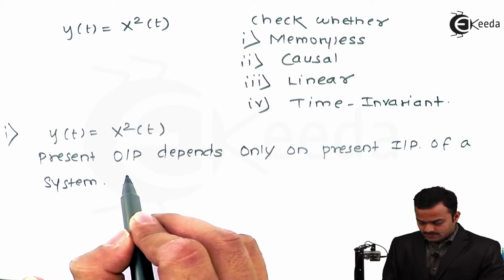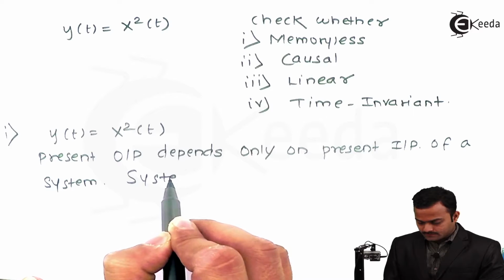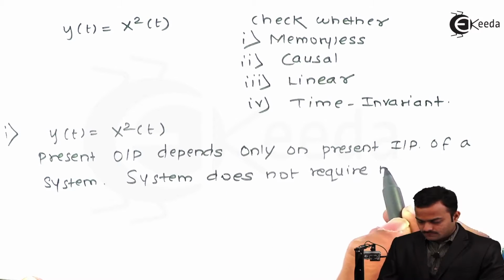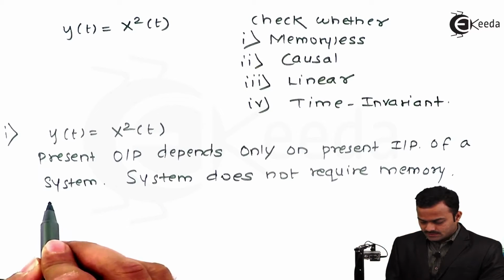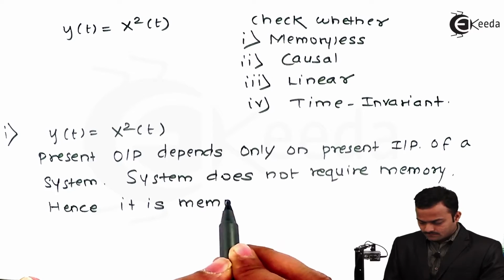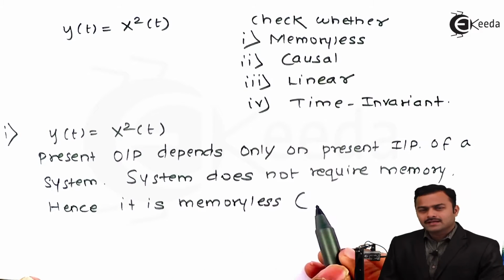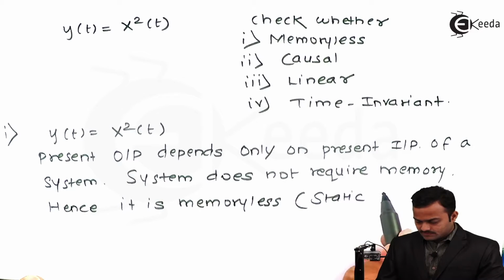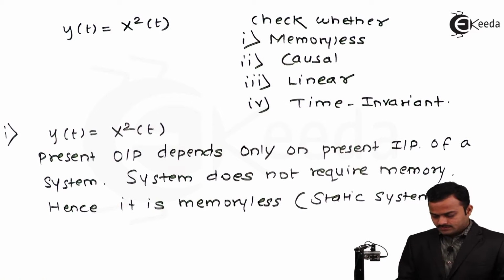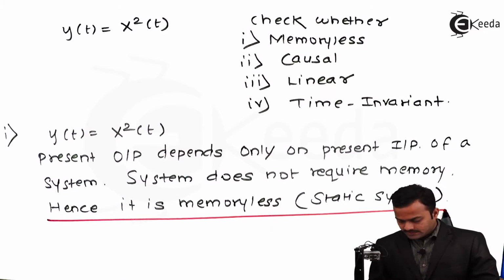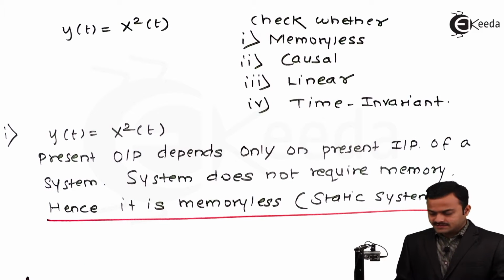That means the system does not require memory. Hence it is memoryless. And memoryless is also called a static system. Sometimes they will use the words static and dynamic. So what conclusion have we drawn for the first property? It is a memoryless or static system.